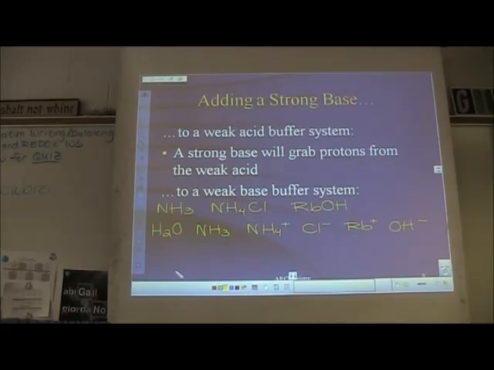Can you tell me what the acid will be? NH3 is a base? NH4 plus. And the base? OH minus. Tell me the products. Water and? Good job.